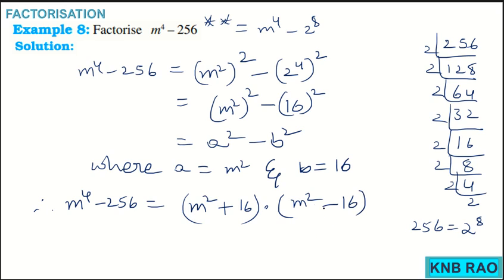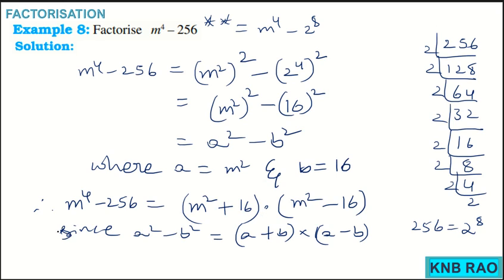Children, you tell me, since a square minus b square is equal to a plus b into a minus b, I have used this third standard identity. Now, here I am substituting a as m square and b as 16 back.